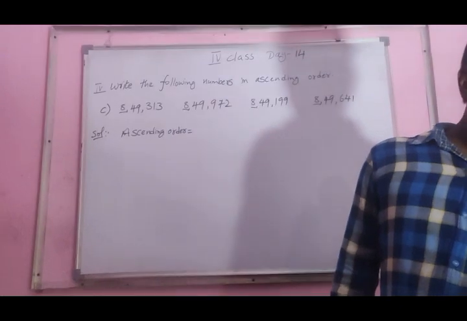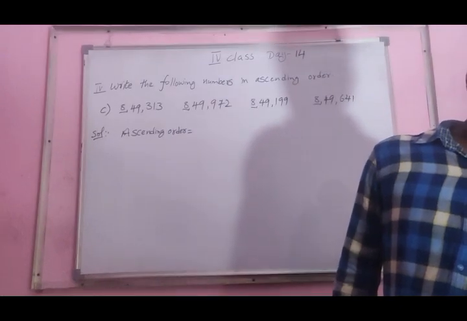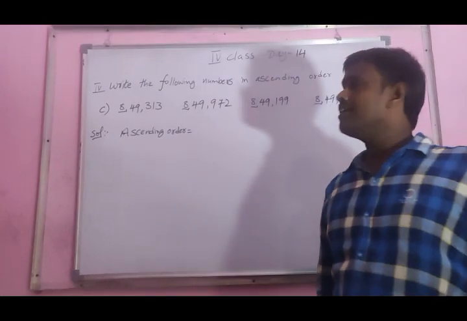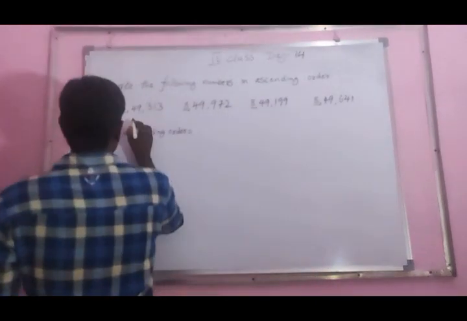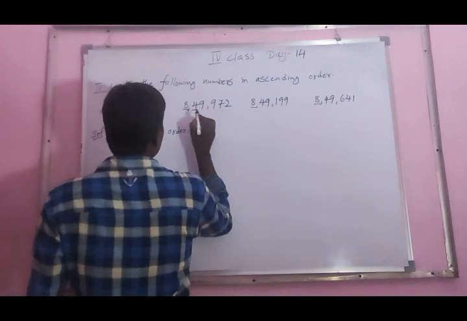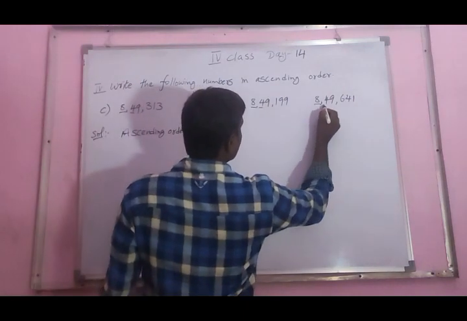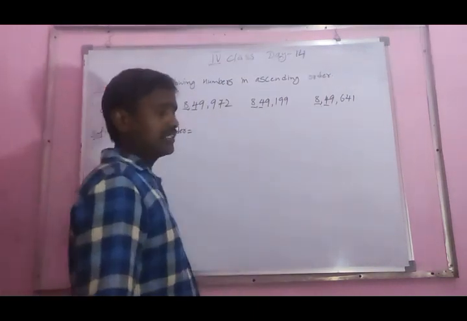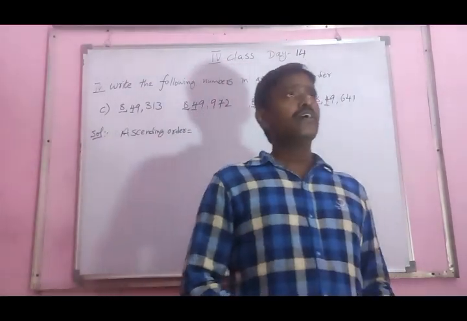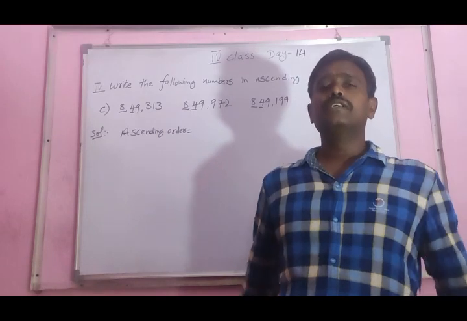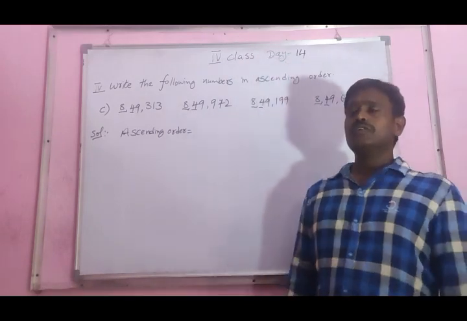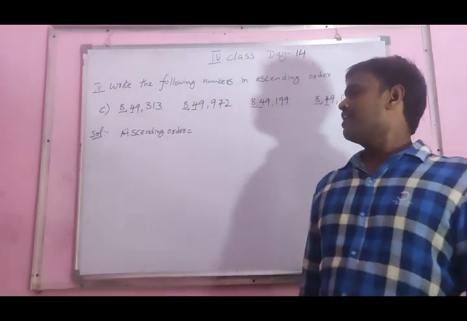The 10,000 place is 4, 4, 4, 4, given for all numbers the same.